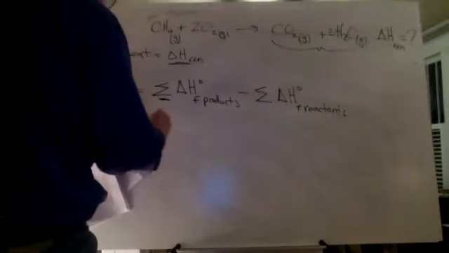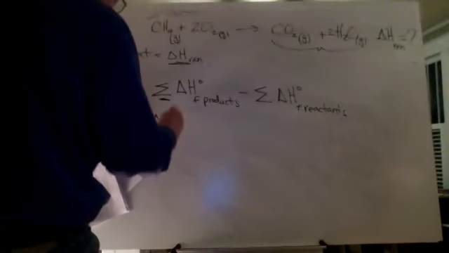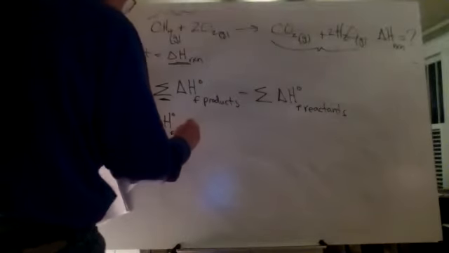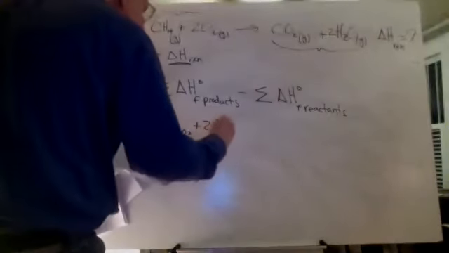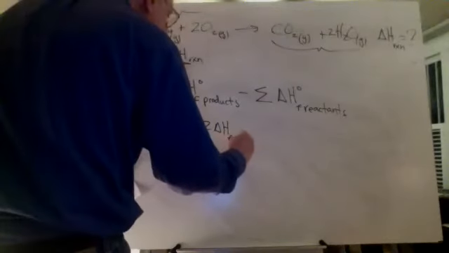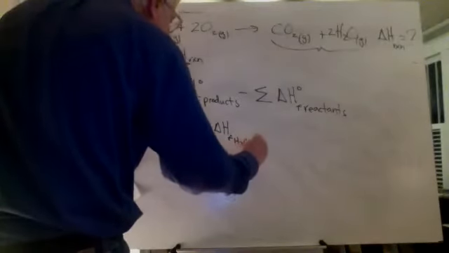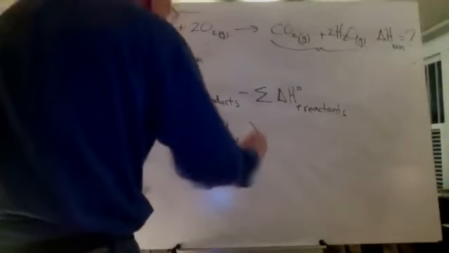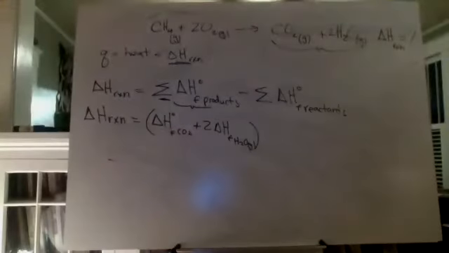We have 1 mole of carbon dioxide, so we want delta H of formation of CO2 plus 2 moles times the heat of formation of water, H2O, in the gas state. And that will be our sum of the heats of formation of the products.